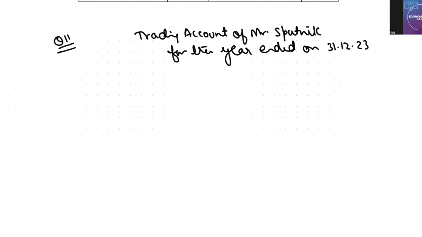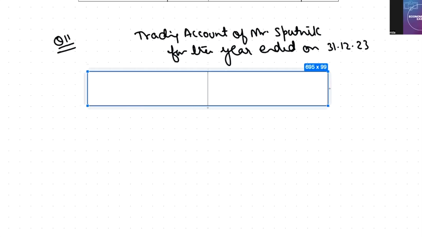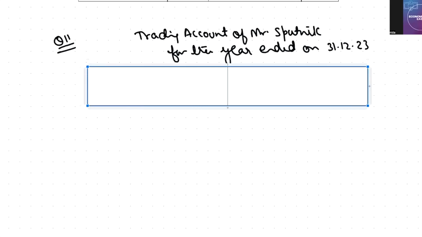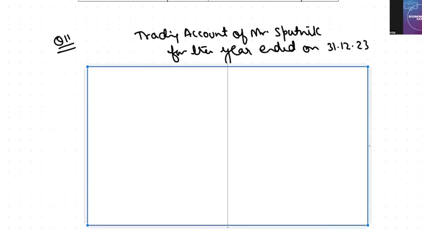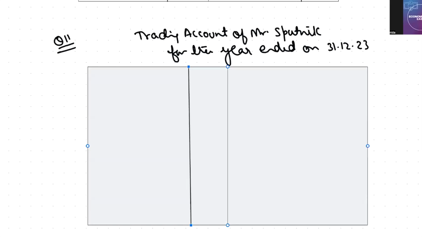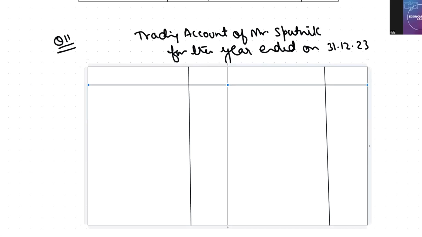Now first, the table, trading account, debit, credit, and then particulars amount rupees. Make it a habit to make everything perfect, okay? Okay, now let's very quickly fill the columns.